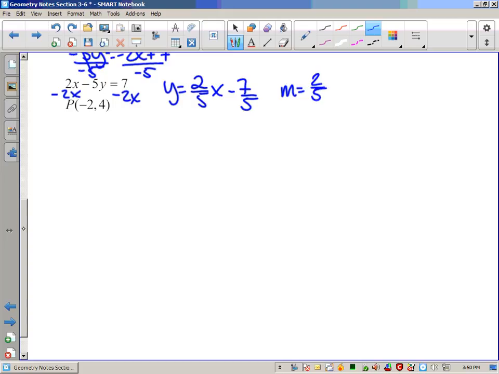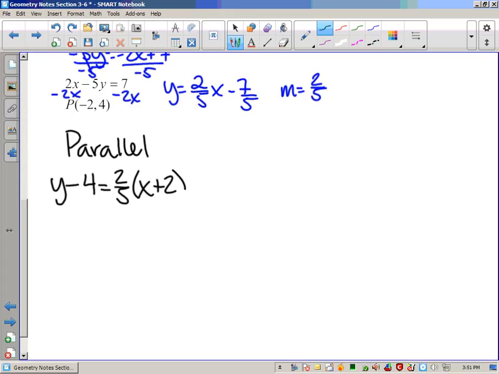Because for the parallel line, I'll use the exact same slope. For the perpendicular line, I'll change the sign, I'll make it negative, and then use its reciprocal. So again, point slope form. I'll put 4 in for y1, 2/5 in for my slope, and x minus -2 turns into +2.